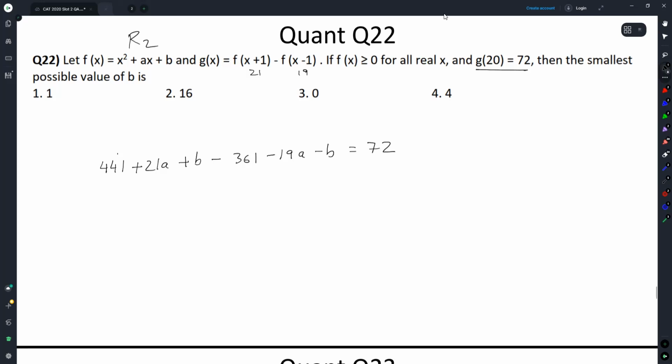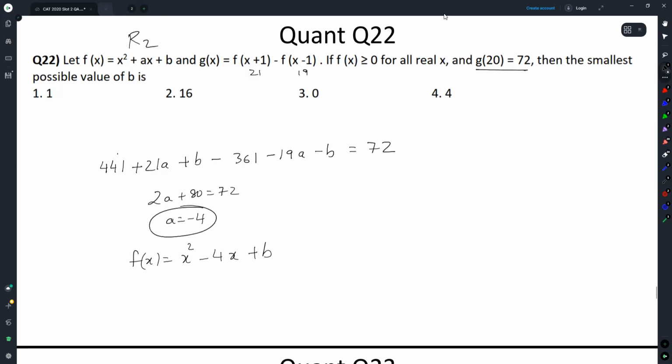So this gives me 80 plus 2a is equal to 72, or a equal to -4. This much I have got. So my f(x) is essentially equal to x squared minus 4x plus b.